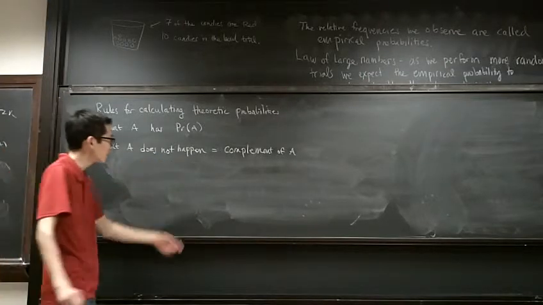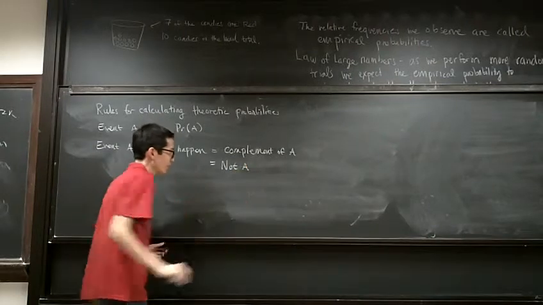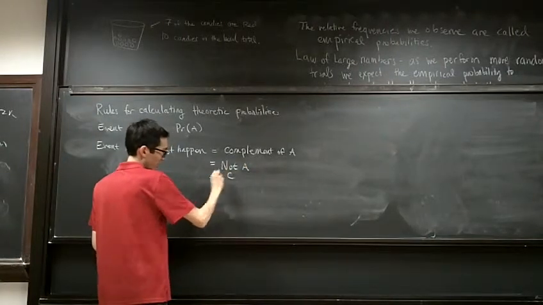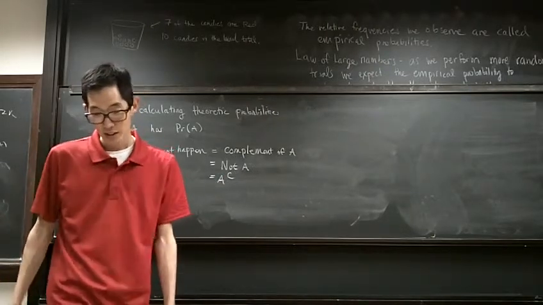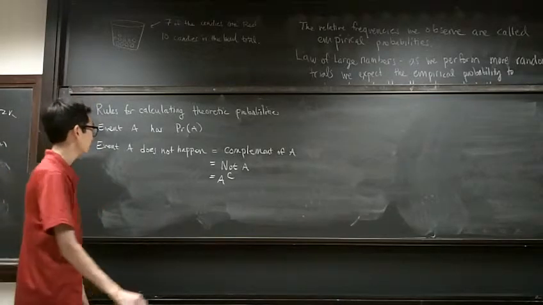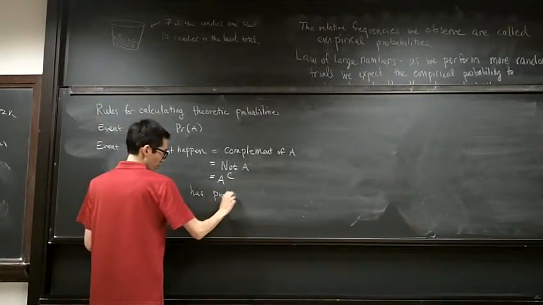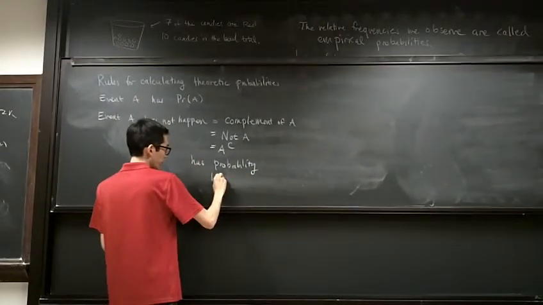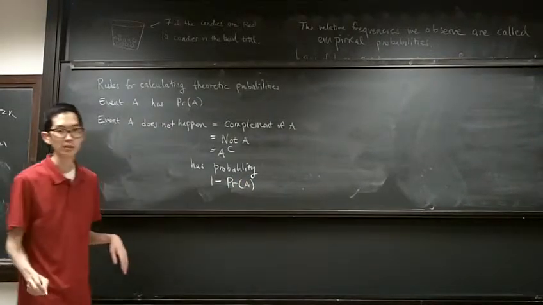The complement of A, you might call not A, or sometimes we write a C for complement, and this has probability 1 minus the probability of A.